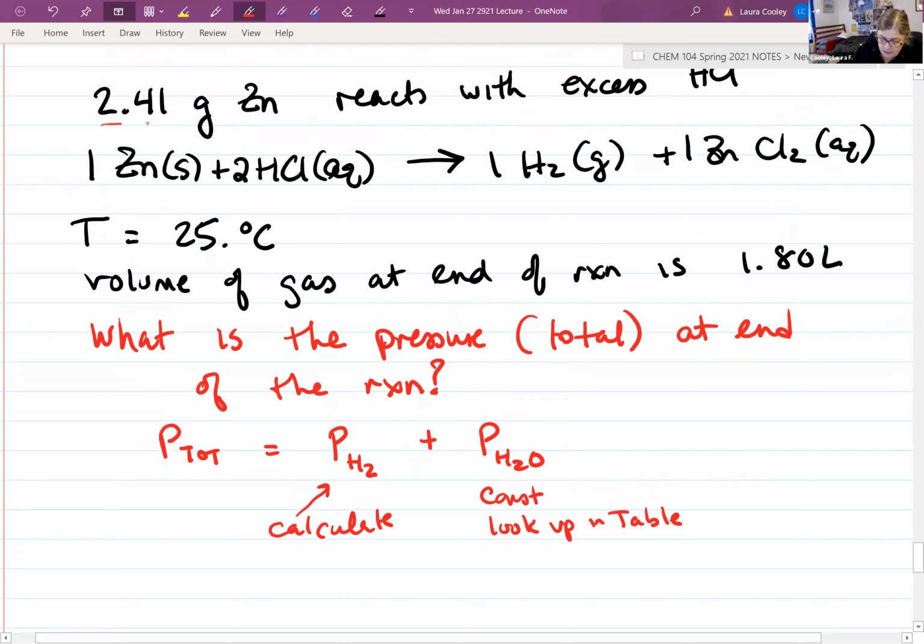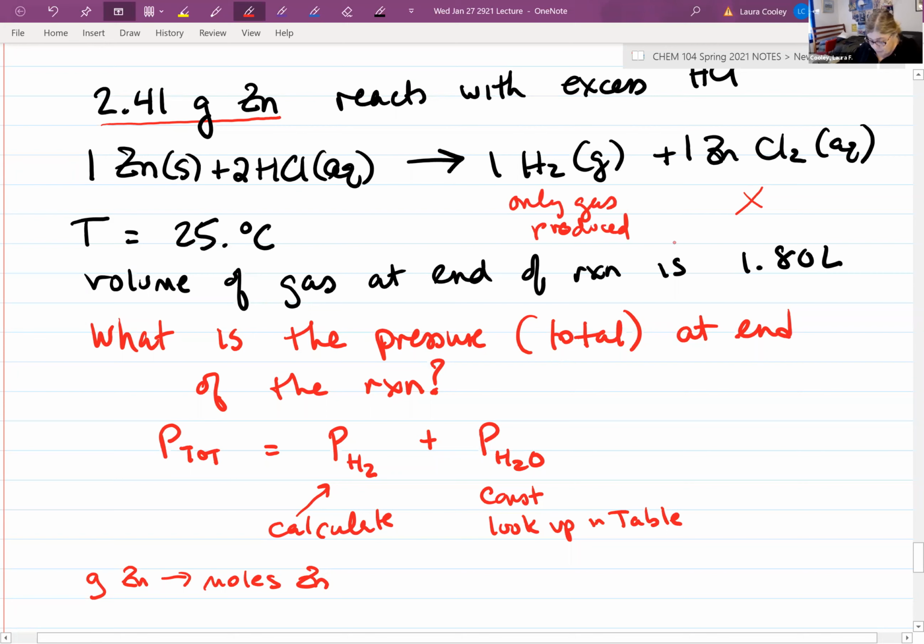Well, we have the amount of the zinc. We can convert the grams of zinc to the moles of zinc. Then I want to find the moles of the gas. And this is the only gas that's produced in this reaction.